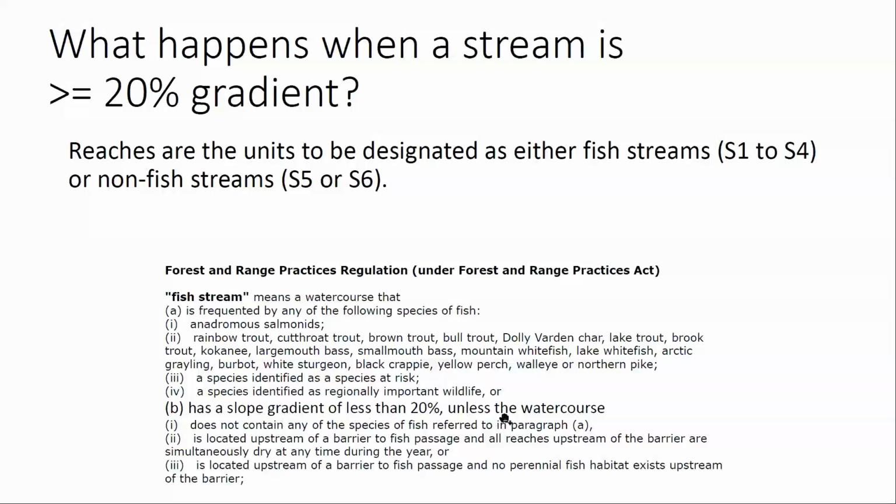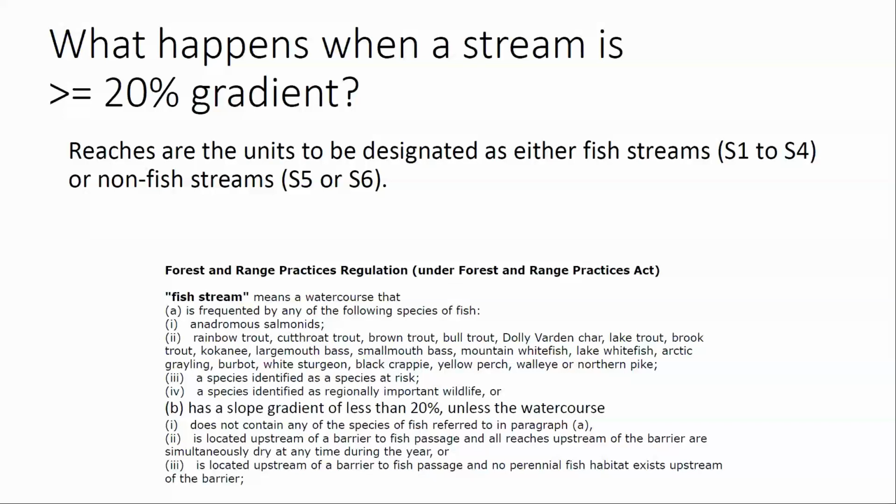So 20% is a gradient cutoff, but in scenarios where you're not sure, this could have fish in it.